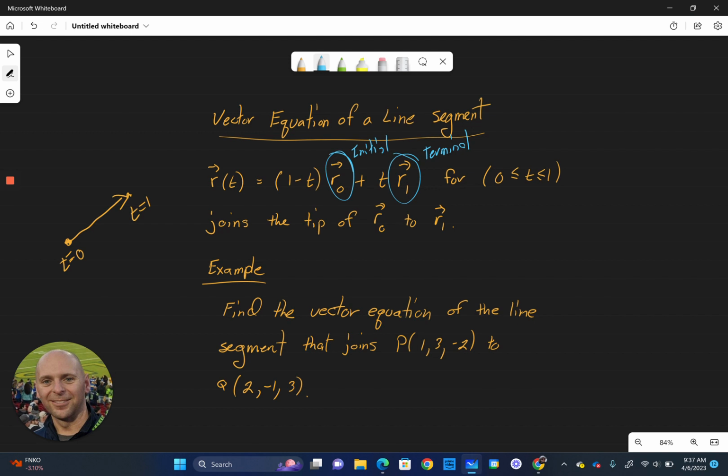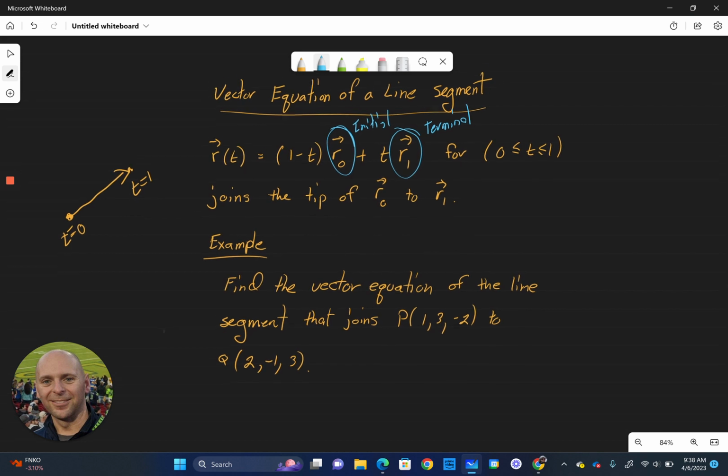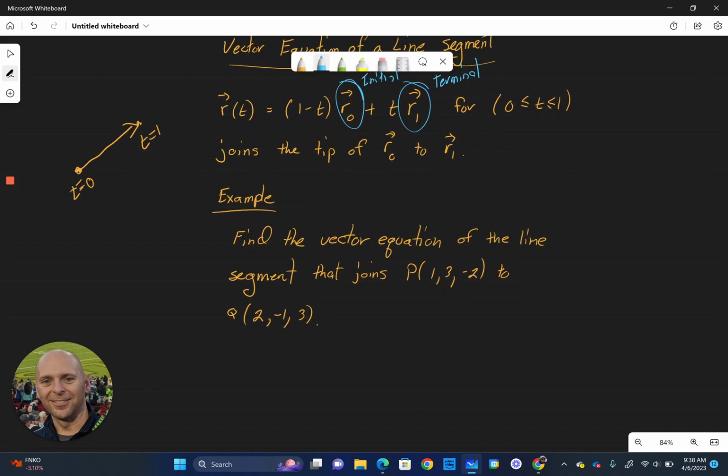So we've got an example here that we can work through. I've asked to find the vector equation of a line segment that's going to join the point P to a point Q. And it really is just a matter of plugging it into this particular formula. So we start out with our vector equation, r of t, being equal to the vector that points to the point P. This is our initial point here.